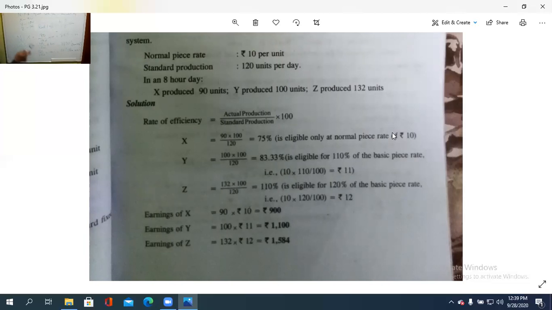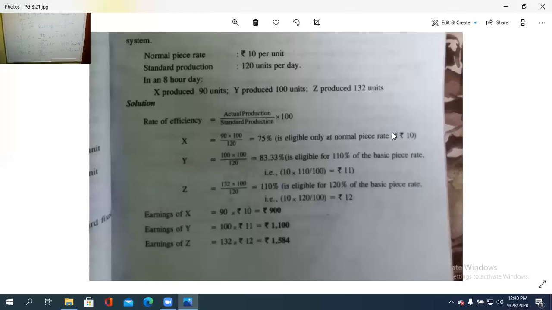So we are having an efficiency level, isn't it? That efficiency level, as per up to 83%, the piece rate will be normal one. More than 83 till 100, piece rate will be 110% of the piece rate.